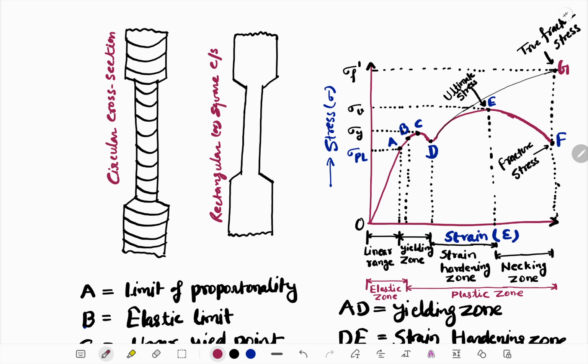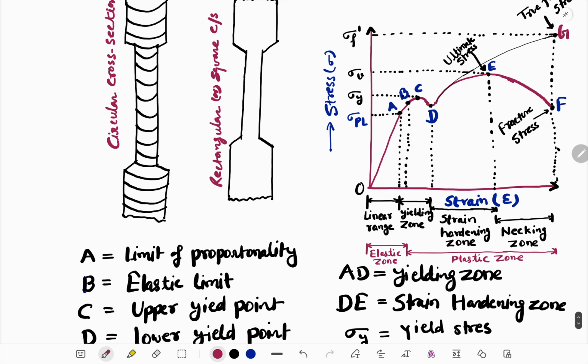There may be a permanent deformation, and then it goes to the strain hardening zone, D to E. Then necking starts from point E, and at point F it fails. The elastic zone is from point O to B, where O is the origin. In the elastic zone up to B, the material shape is recoverable after removal of load.